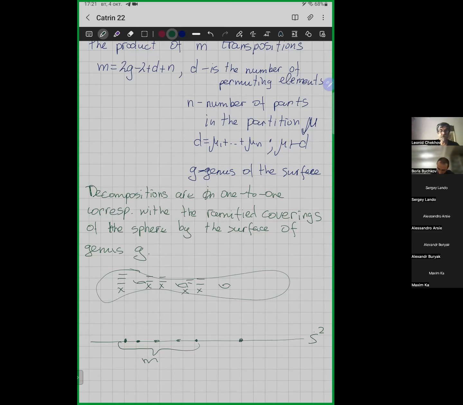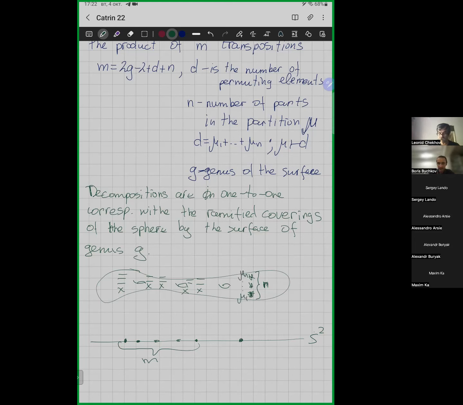And we have one point of ramification of cyclic type mu. So we have here n preimages, and each is a covering of the form z to the power mu_1, etc., mu_n. So here mu_1, etc., mu_n.